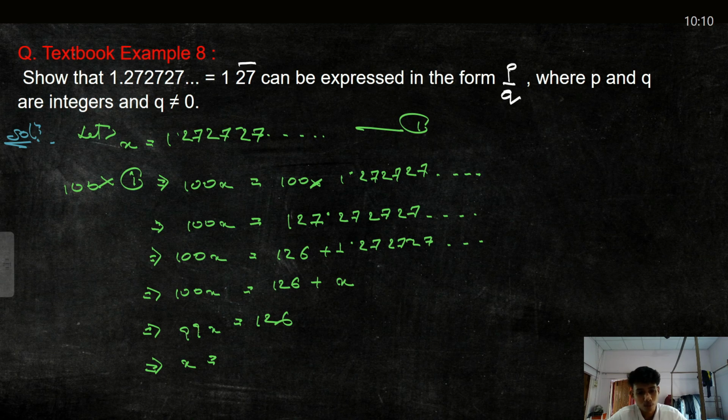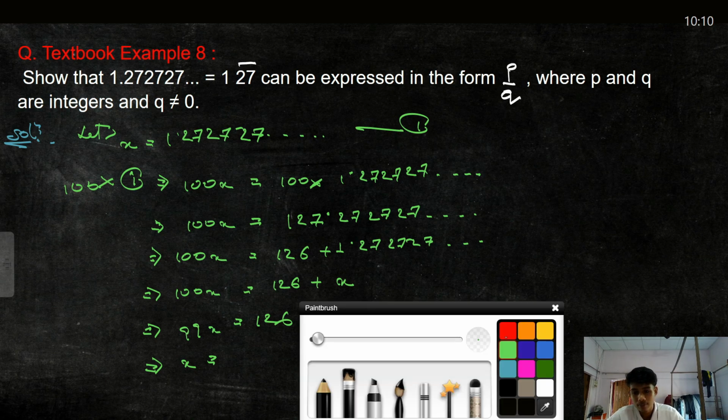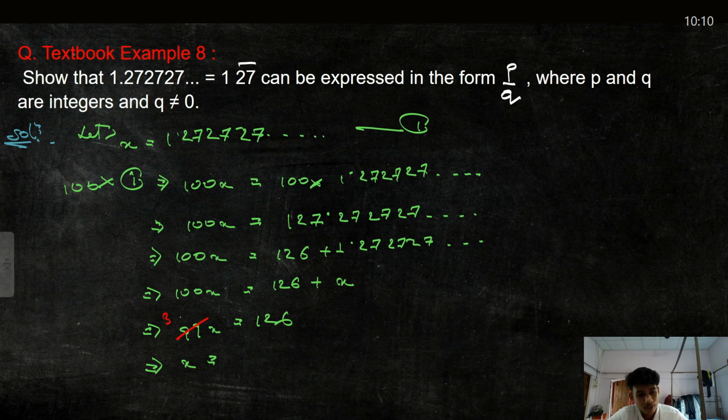Yes, now both these numbers will get divided by 3. 3 times 33 is 99. 3 4s are 12, 3 2s are 6.